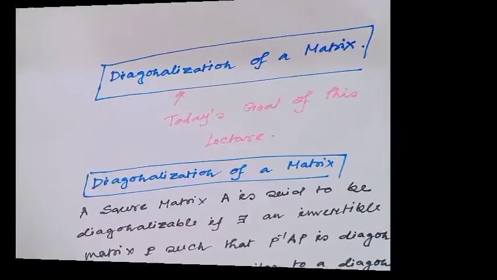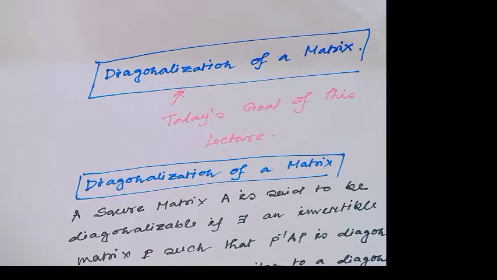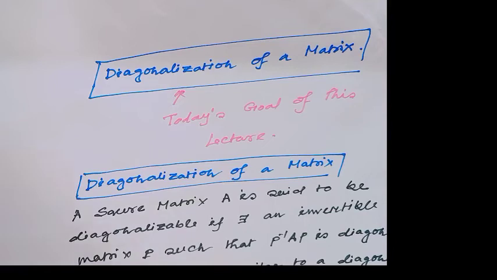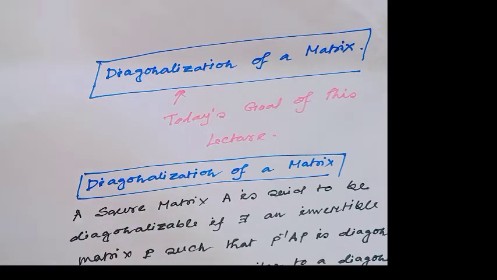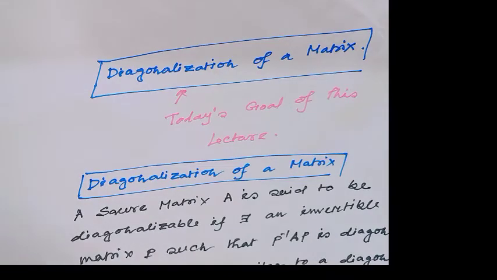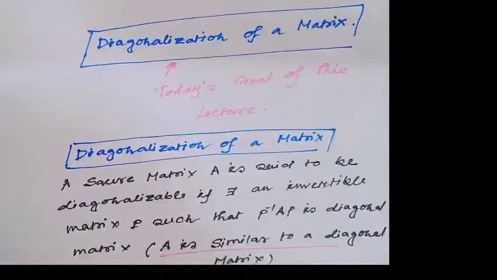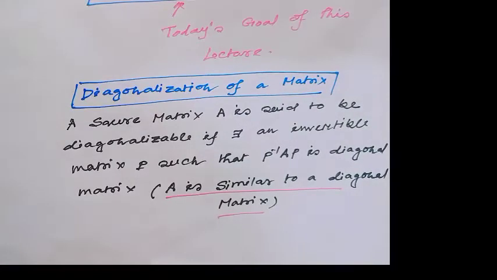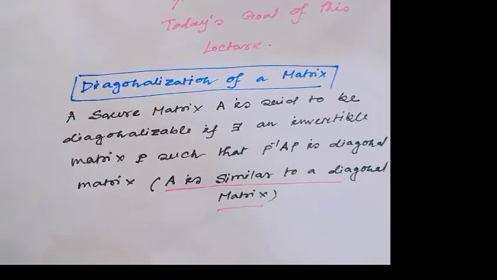Today's goal of this lecture is diagonalization of a matrix. Please pay attention in today's video, because diagonalization of a matrix is very important for any competitive exam. At first, what is the diagonalization of a matrix?